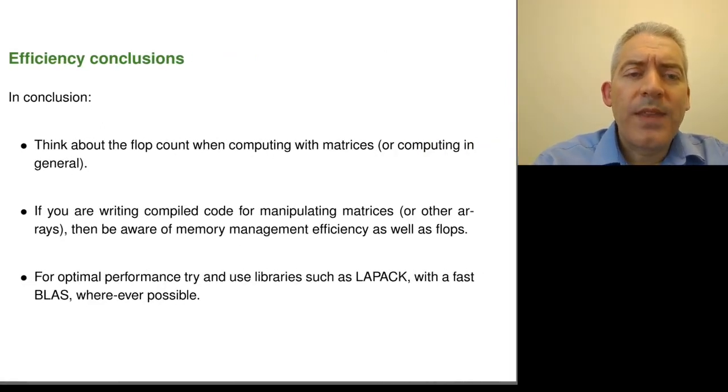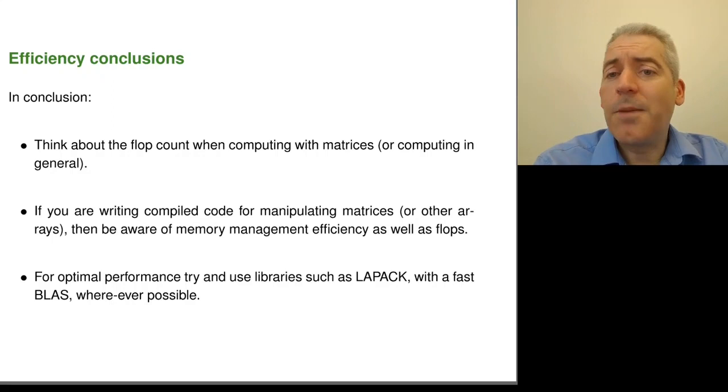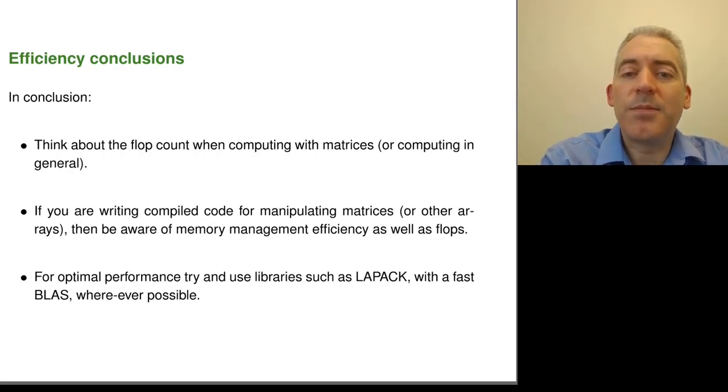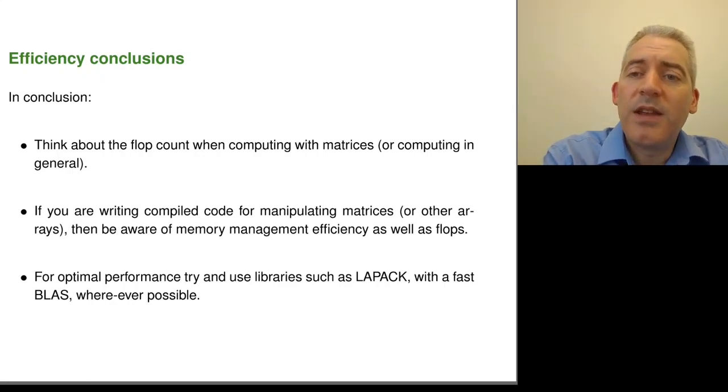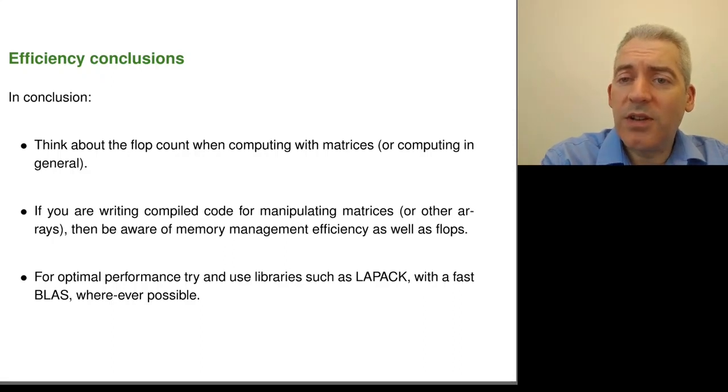Okay, so in terms of thinking about efficiency, the take-home messages are: think about the flop count when you're computing with matrices, or computing in general, in fact, but it's particularly relevant with matrices, because different ways of doing essentially the same operation from a mathematical point of view really can make a big difference.